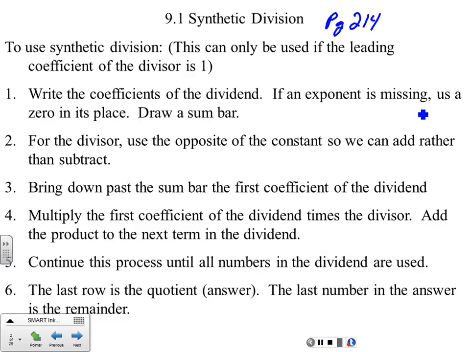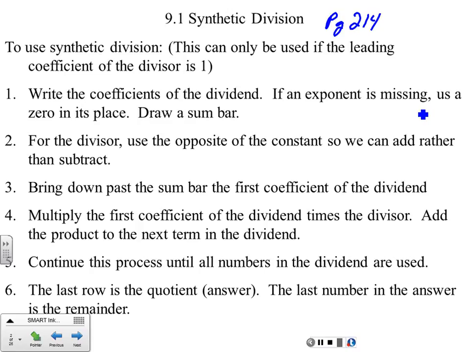The problem is 2x to the fourth plus x to the third minus 17x squared plus 13x plus 2 divided by x minus 2. X minus 2 is your divisor. What you're dividing with is your divisor, and what you're dividing into is your dividend. So, the leading coefficient of your divisor must be 1 in order to do this.